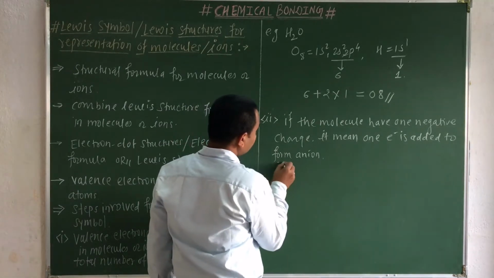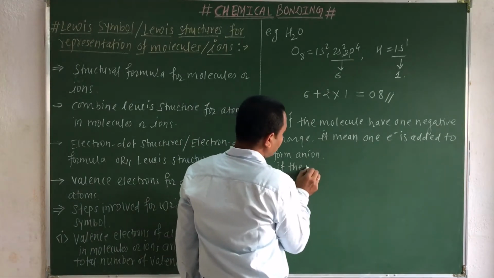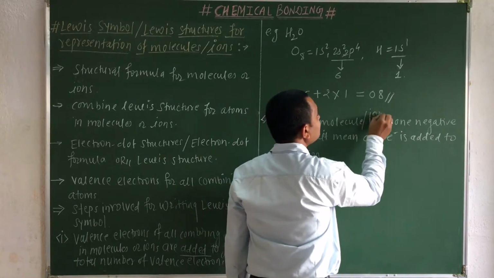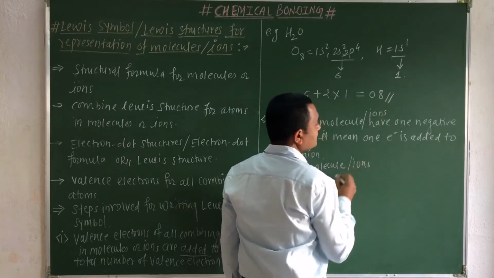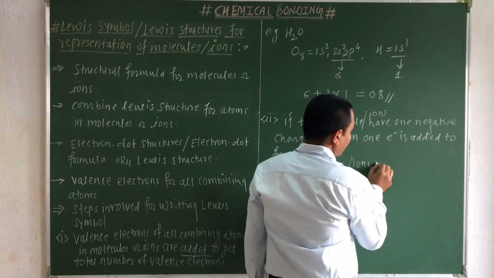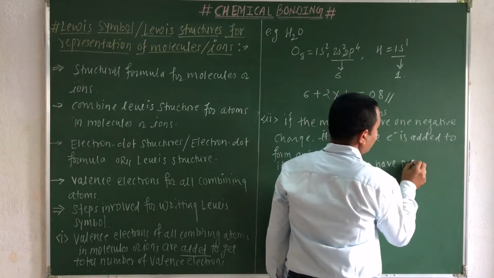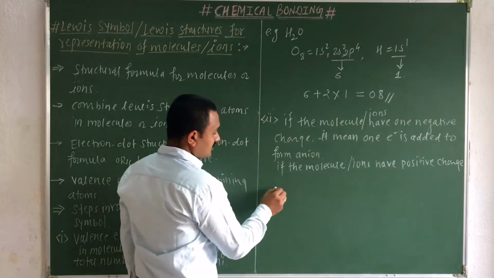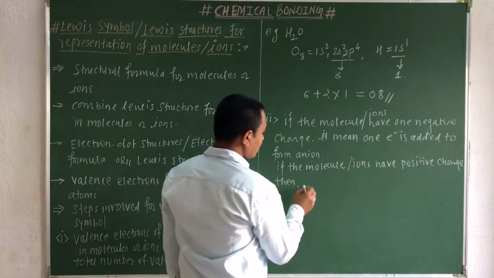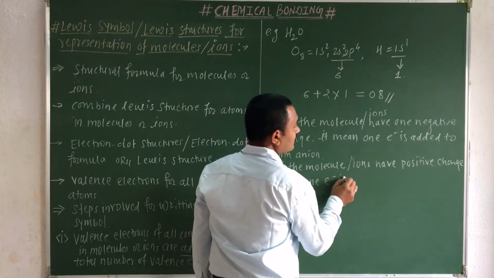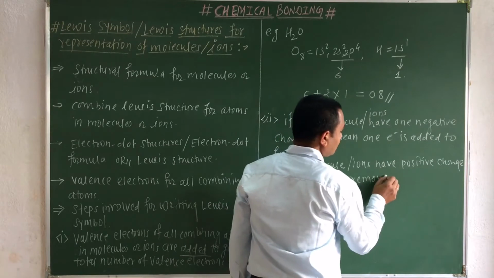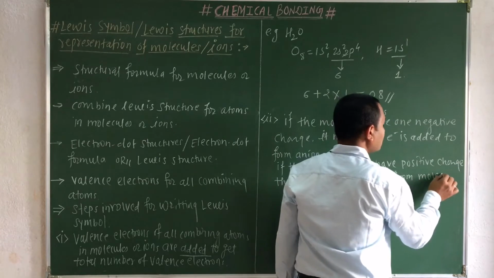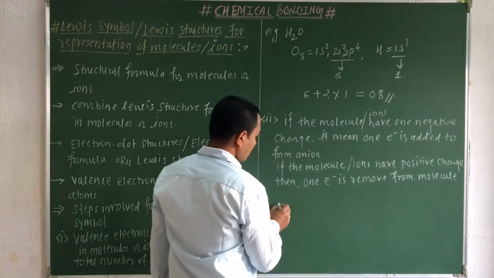And the second statement is that if the molecules or ions, you can consider ions also, have a positive charge, then one electron is removed from the molecules or ions.